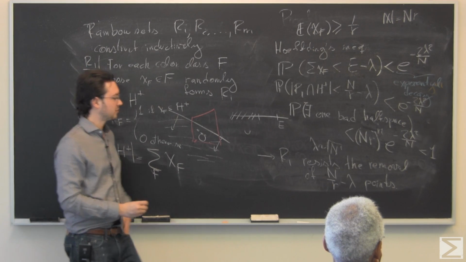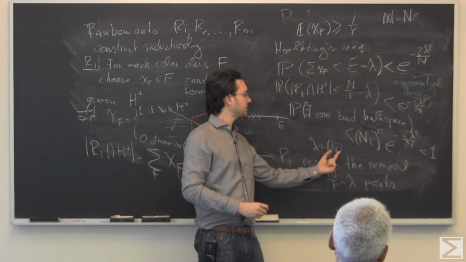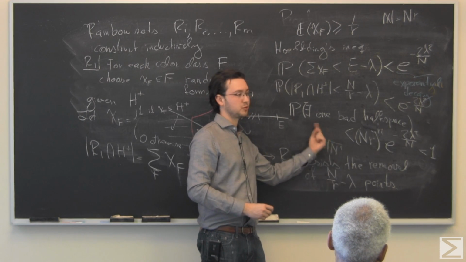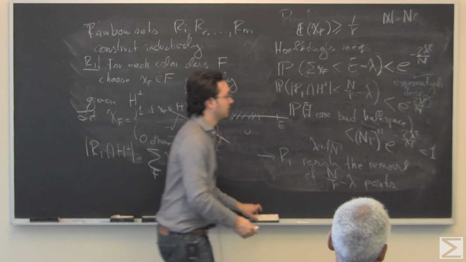Okay? I'm leaving it this way. Lambda is much smaller than n. As long as I had here little o of n, it would be okay. I have square root of n, which is very well on the side of things I want.